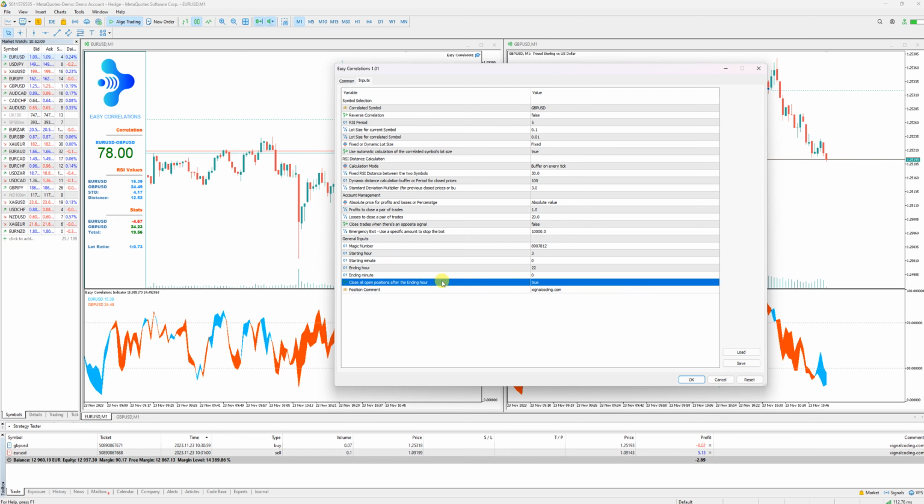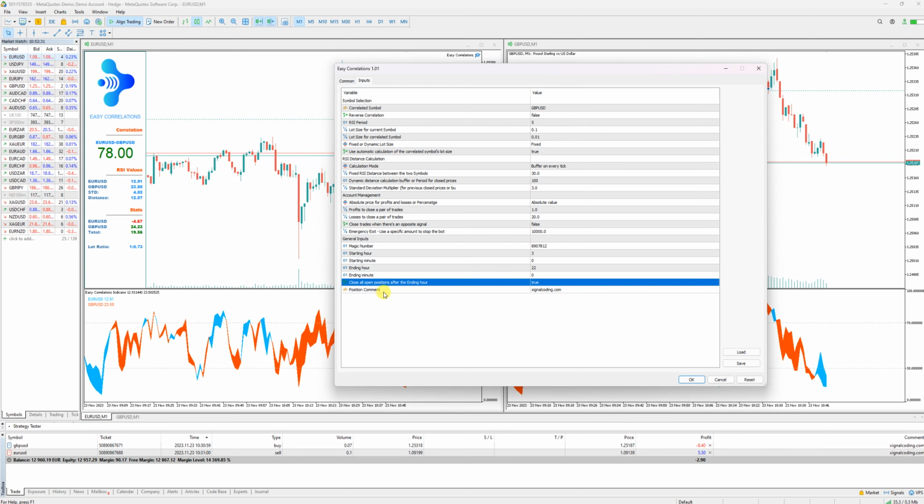And the option here to close all open positions after the ending hour, especially for those who are taking the prop trading firm challenge. This is one of the rules, so you have to have it set to true, and to close whatever happens at this time, you have to close all your open positions.